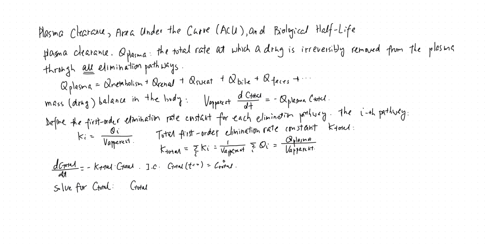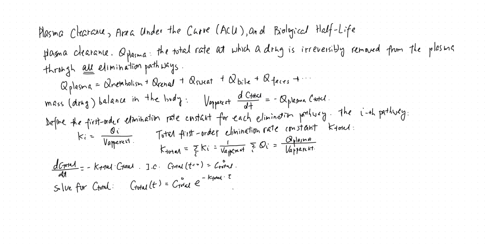So this is the basic tool. If you forgot how to solve this, you can revisit those early lectures and any differential equations class you've taken. Make sure you know how to do this. So we solve for C total, and we get C total naught multiplied by exponential of minus K total multiplied by t. That is our solution.